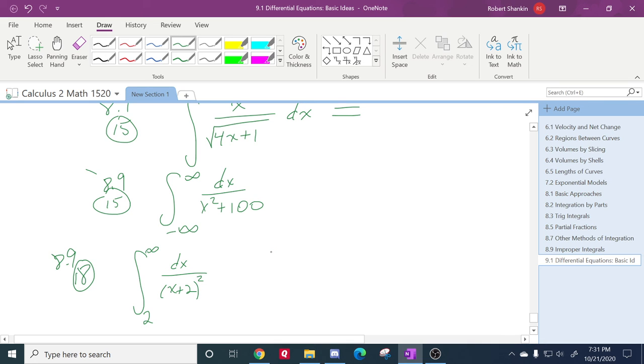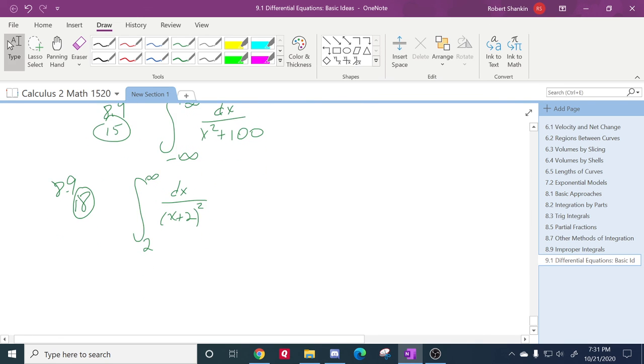All right, now I am going to change this to a limit as t approaches infinity, integral from 2 to t of dx over x plus 2 squared.